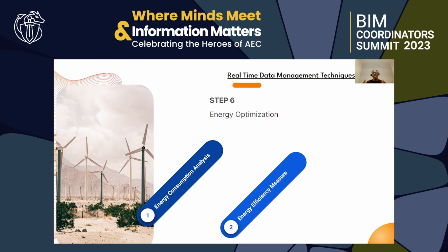For example, maybe 9 to 5 is a peak period probably in an office or a factory, and in the evening hours it's going to be reduced. So at that peak period, there's a need for us to measure well and to control whatever equipment will be needed in order to reduce our energy consumption.